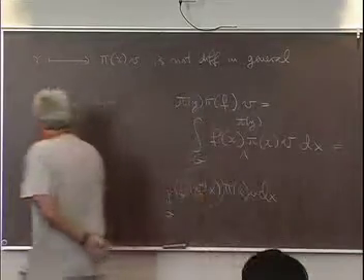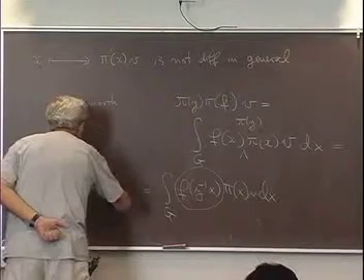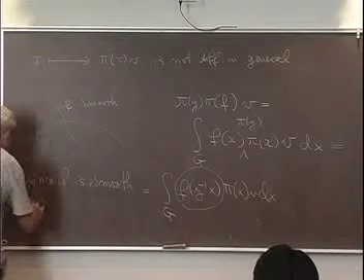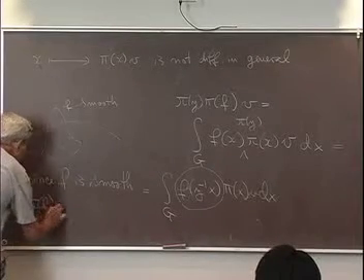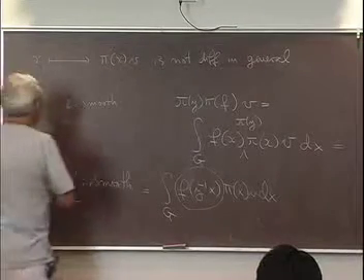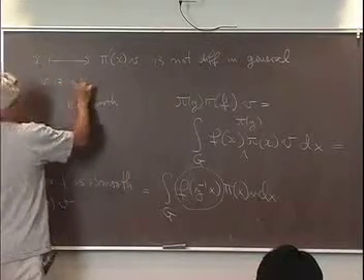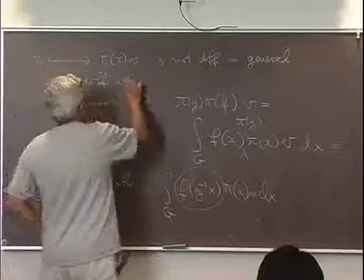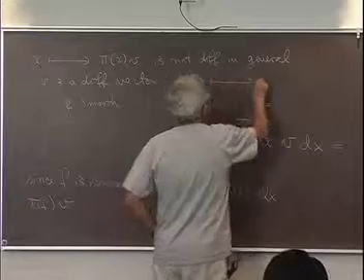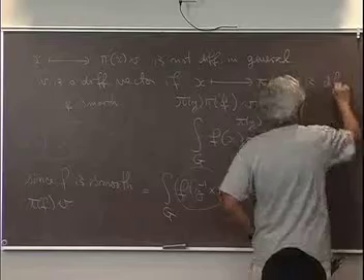So since f is smooth, this pi of f v is a differentiable vector. So we say that v is a differentiable vector if the function x into pi x of v is differentiable.